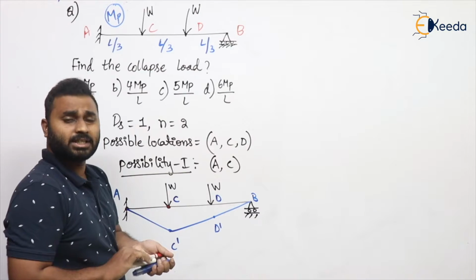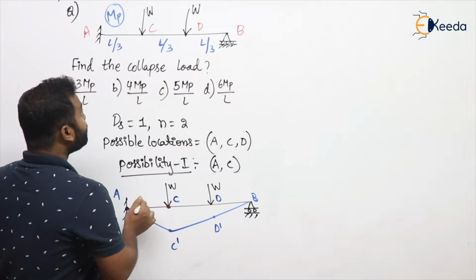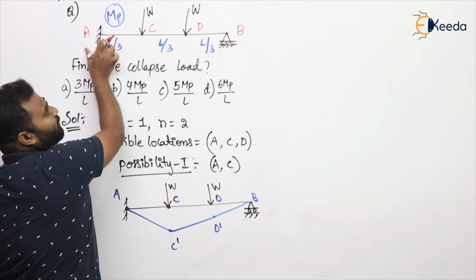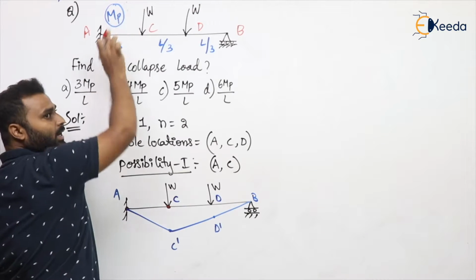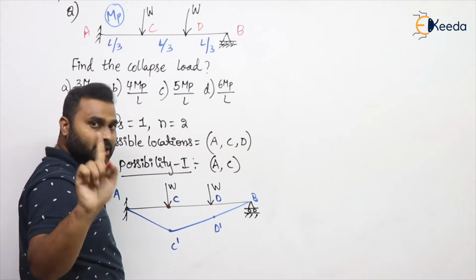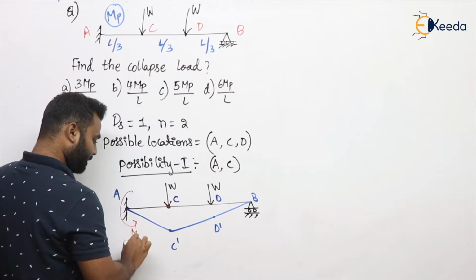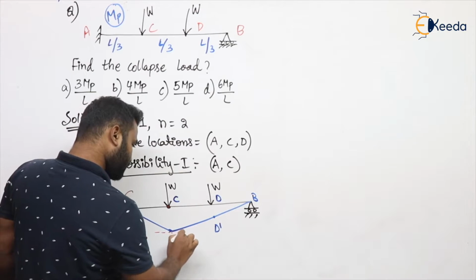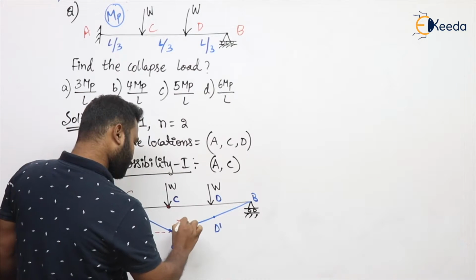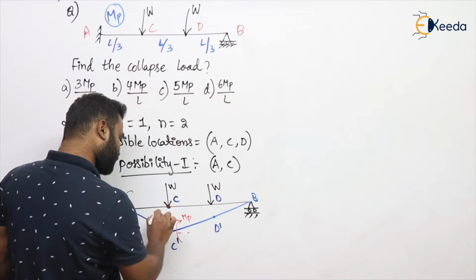Now wherever a plastic hinge is forming, at all those locations plastic moment will develop. In the question, for the whole span AB, the plastic moment carrying capacity was mentioned as MP. Hence throughout the span the plastic moment is MP. So here it is MP, here also a plastic hinge is forming, MP, and here also, MP.